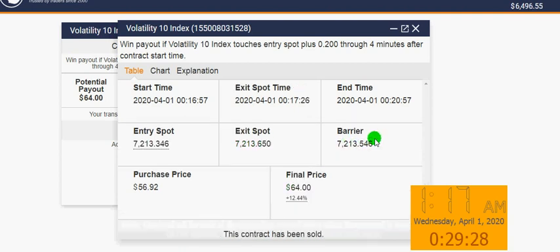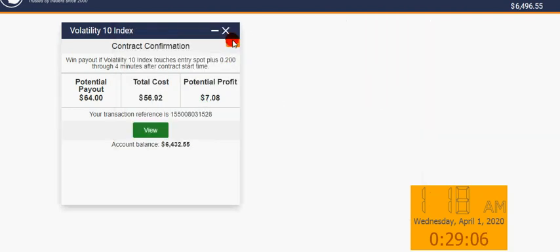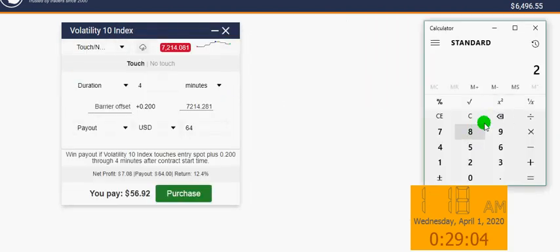We are close to 546. You can see we've already won the trade. Our exit spot was 213.650. This is the barrier offset 546. So 546 is lower than 650, so it ain't touched the exit spot. Let's go for the third trade. So we won the second trade, we are going for the third trade.